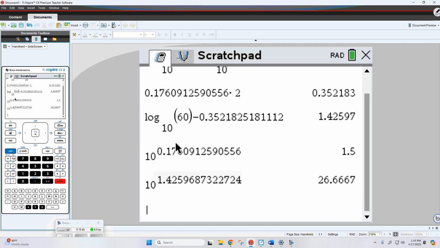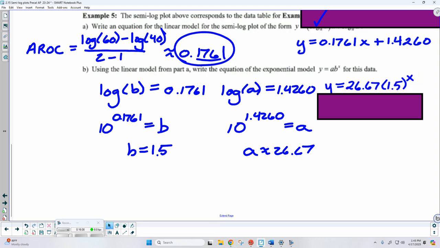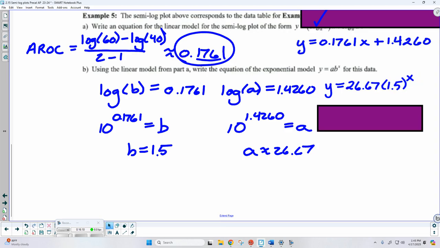Okay. So here we go. So 26.6 repeating. Okay. So B came out to be 1.5. A came out to 26.67. So if I go ahead and put these together in the model, that would be the exponential used to create the data in the first place.